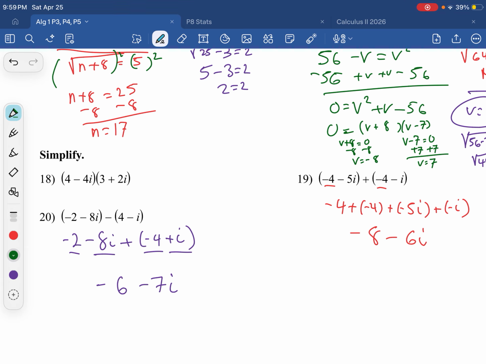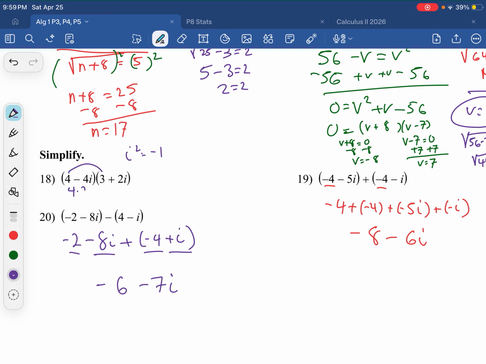In the same way we multiply the binomials, like x plus 3 times x plus 4, a lot of people are taught like that first, outer, inner, last, or double distributing. We want to do the same thing when we're multiplying complex numbers, but just remember that i squared is going to equal negative 1.